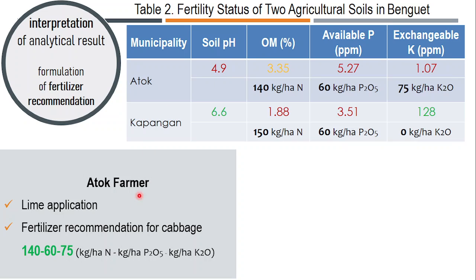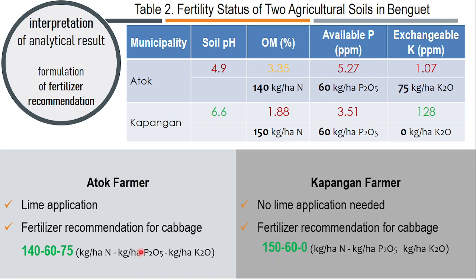So he needs to increase yung pH ng soil niya, kaya mag-recommend tayo ng lime application. For the nutrients naman, he needs to apply 140, 60, 75 kilograms of nitrogen, phosphorus, and potassium per hectare. So take note, this is per hectare basis.